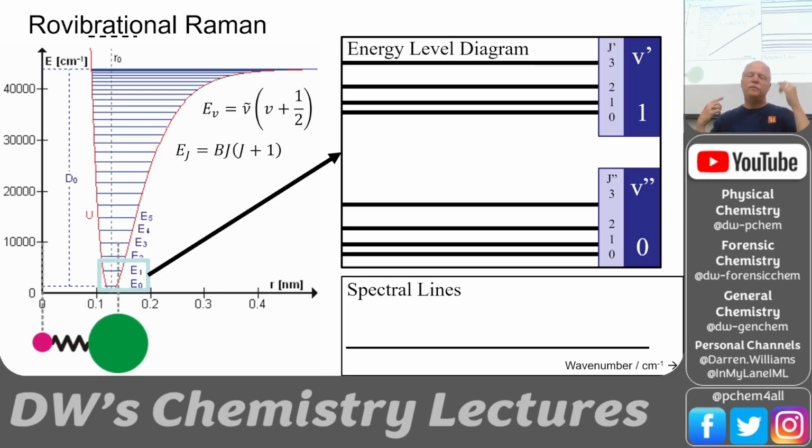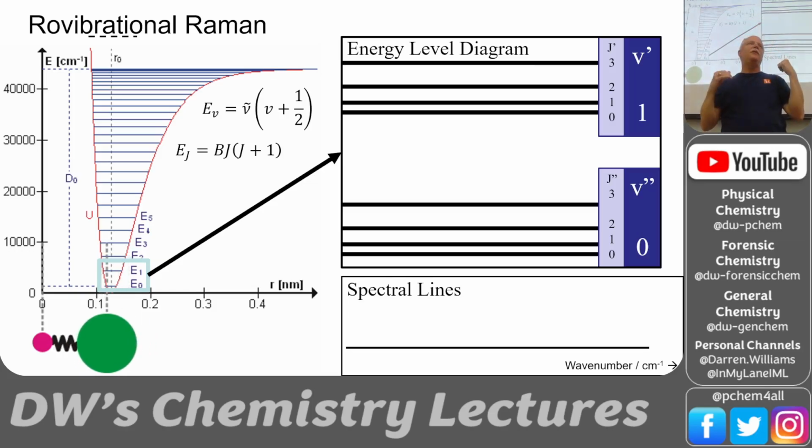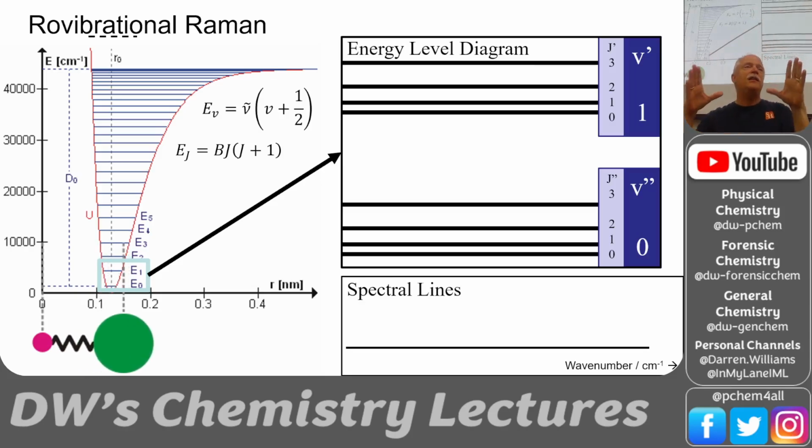We could, if we had a higher resolution Raman spectrometer, do Raman rovibrational spectroscopy. We're not doing it in lab, but let's go ahead and look at the Raman spectral lines and see what we get. So, same energy level diagram, but a different experiment, which means we have different selection rules.